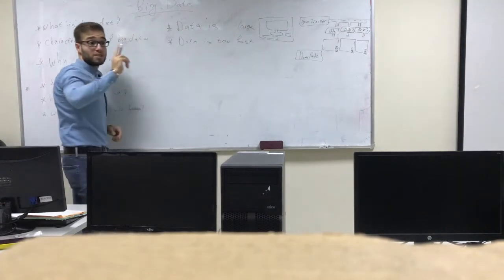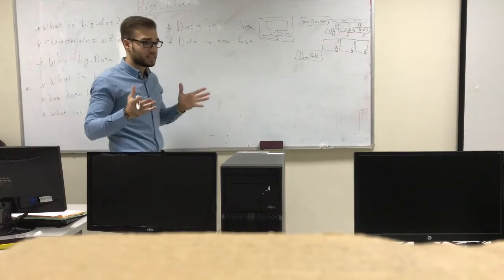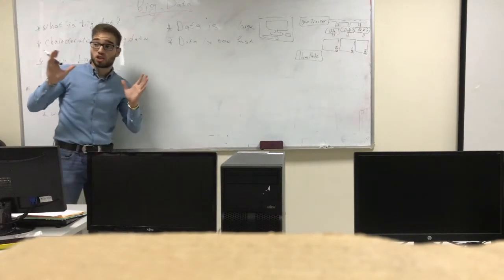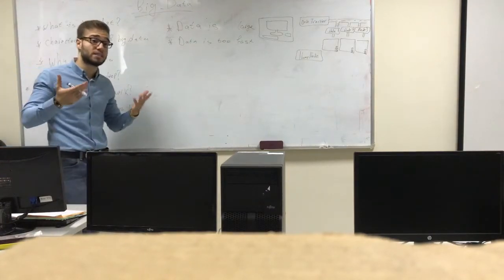And last, which is the most important amongst these three, is that it does not conform with the regular structure of our traditional database. It does not fit amongst it.